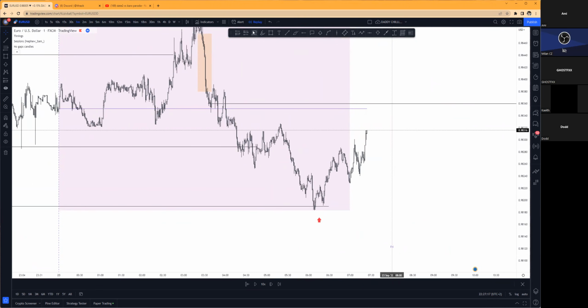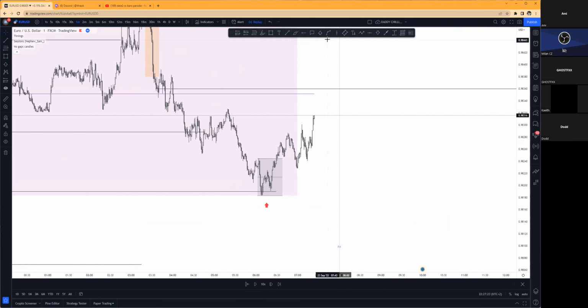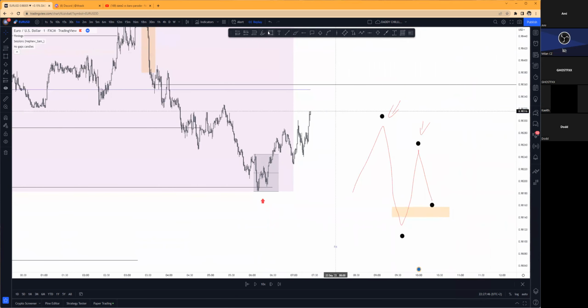Okay, this is efficient on 5 minutes or 3 minutes. I explained it yesterday as well. If you have demand and then you have another demand, like this was the sell to buy, right? This was another sell to buy. And if you have another one that is pretty much covering most of the areas right here, the price on higher time frame is efficient.